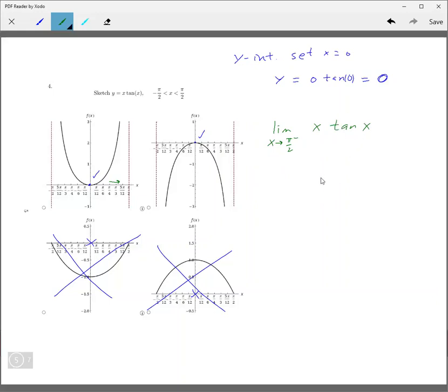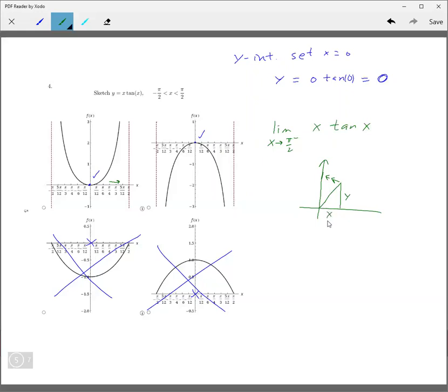Okay, so tangent x is, so this right here going straight up, that's pi over 2. So this angle is pi over 2. Okay, so what happens to tangent? Tangent is the opposite over the adjacent, right? Now, as this goes this way to pi over 2, then this is going to go to 1, and that's going to go to 0.